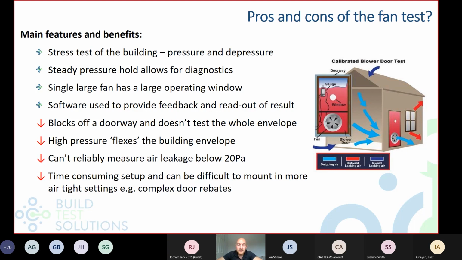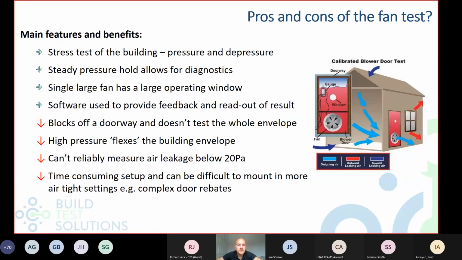So that's tended to be what's carried around by an air tightness tester, and it provides good scope for testing, particularly most residential settings.